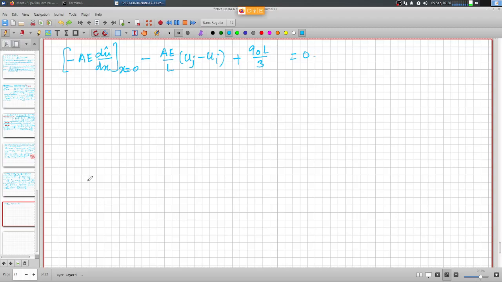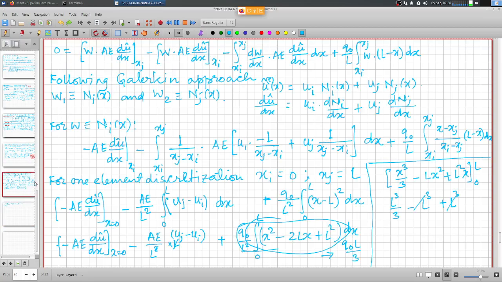If we now choose W is equal to Nj x, then we will have the equation here. Nj will evaluate to unity at x is equal to xj. It will vanish at x is equal to xi.